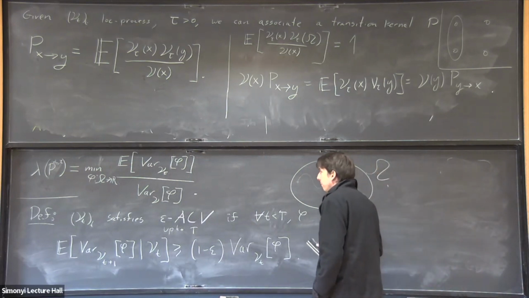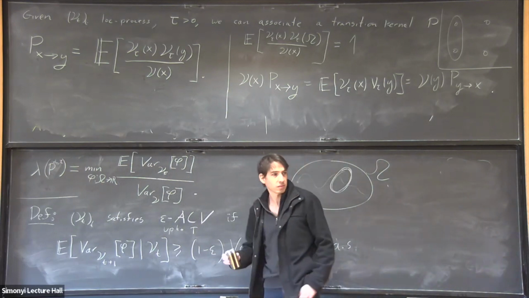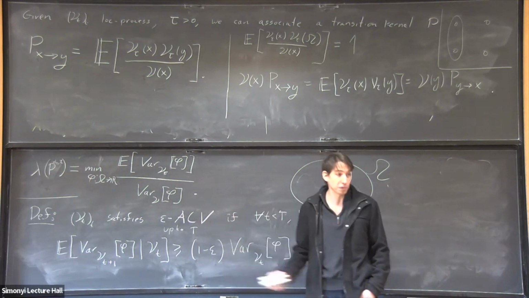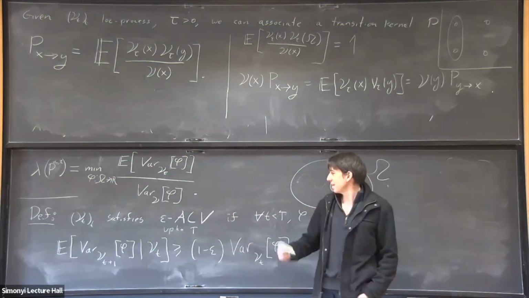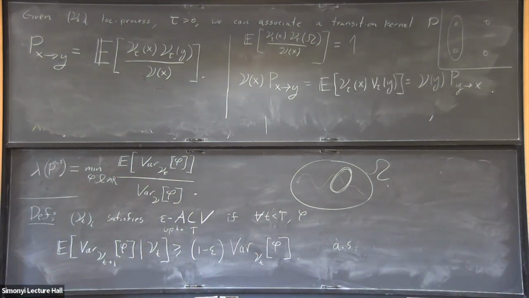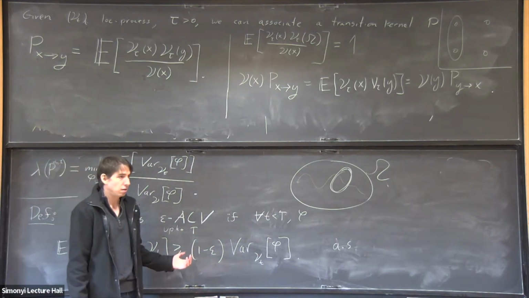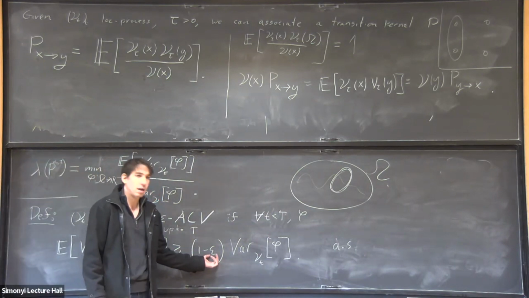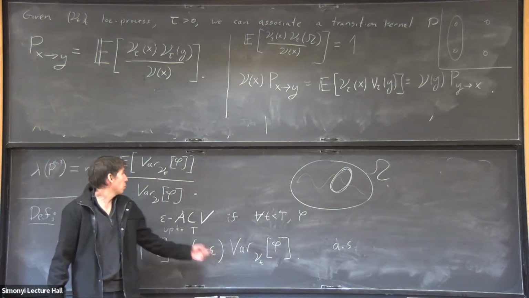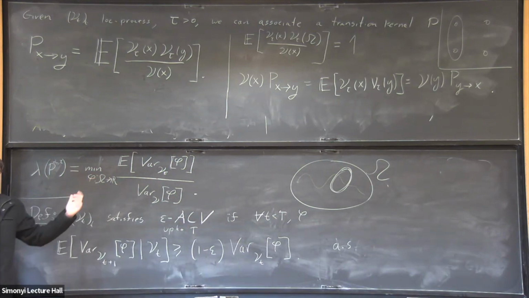I see. So you need epsilon to be a function of n. Yes, I'll need epsilon to be like 1 over poly n. And then I can, okay. So I don't have a lot of time, so let me kind of hand wave. If we have this bound, then we can get a bound for this by a telescopic product, right?